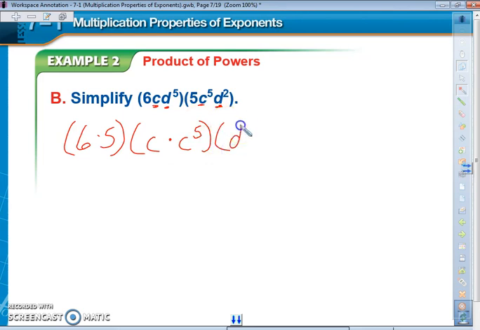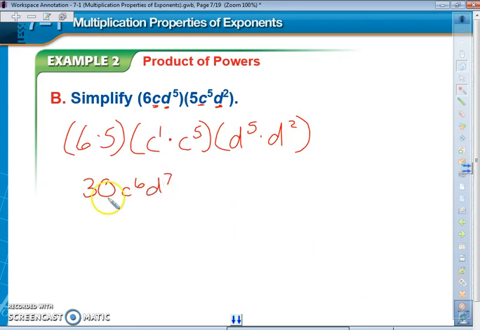And then it's going to be d to the 5th times d squared. Right, like that. So let's see. 6 times 5, sorry, is 30. c to the 1st times c to the 5th would be c to the 6th. And d to the 5th times d squared would be d to the 7th.